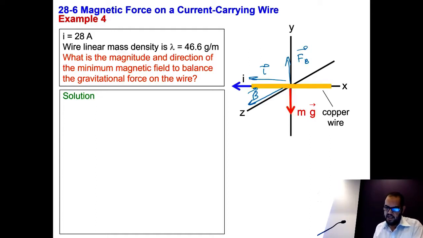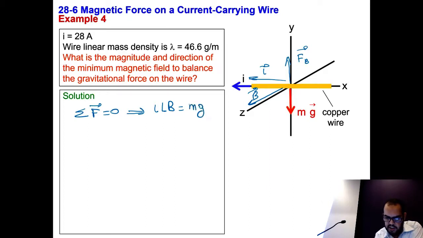Here, for the sum of the forces to be equal to 0, the magnetic force must equal the gravitational force. So I L B sine theta, and since the angle theta is 90 degrees, sine of 90 is 1, so I L B is equal to the gravitational force, which is mg.